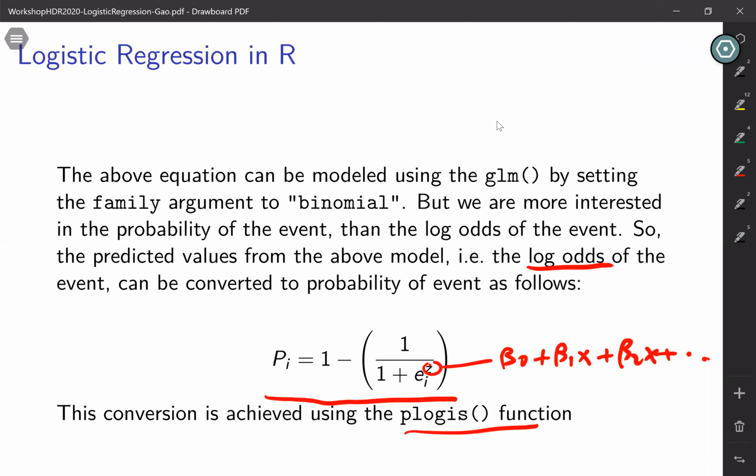You may not want to get the probability because the reviewers already know how to interpret the odds, or log odds, or odds ratio. So those are very confusing concepts, but later on I will show you the difference between those things. All right, here I just want to mention that you can also get the probability if you like.